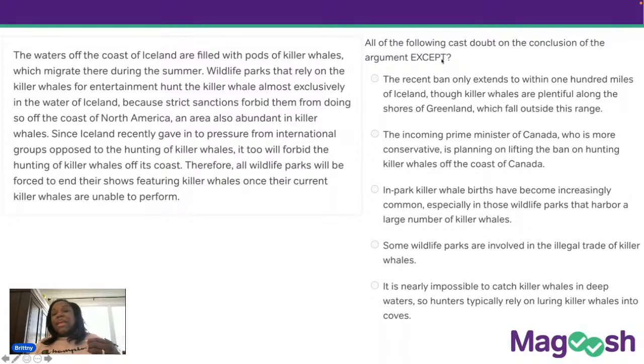So this is maybe kind of an in-between strengthening question. We're not necessarily strengthening it, but we're definitely not weakening it. We want to find one that does not hurt our conclusion at all. So we're going to take a strengthening approach just because that's probably going to be the best way to approach this question. So remember, this is our question stem, and we've determined our question type.